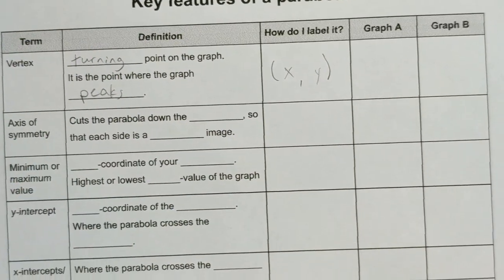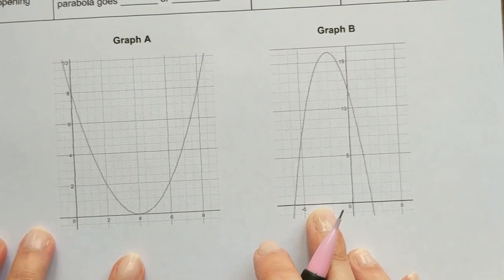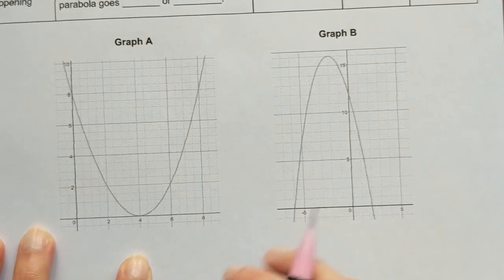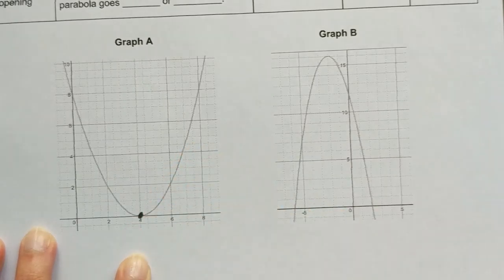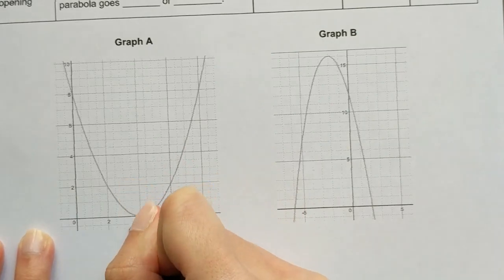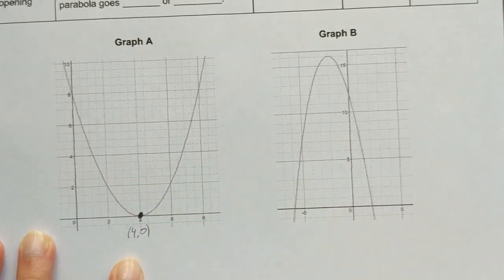Let's take a look down here. Let's look at our 2 graphs. I have graph A, where I can see my vertex is located at this point. This point is at the value 4, 0.